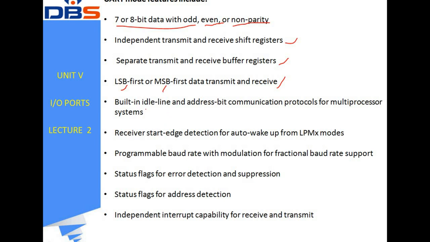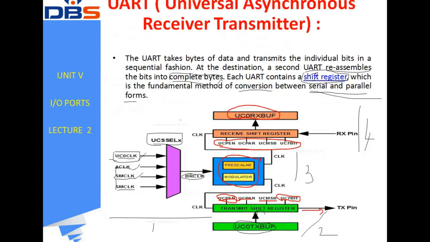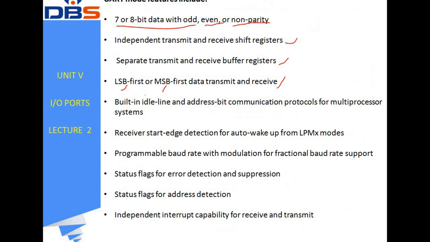Next one, built-in idle line and address bit communication protocols for multi-processor systems. So whenever we are dealing with a multi-processor system, there are built-in idle line and address bit communication protocols, so that the system does not depend on any other things.